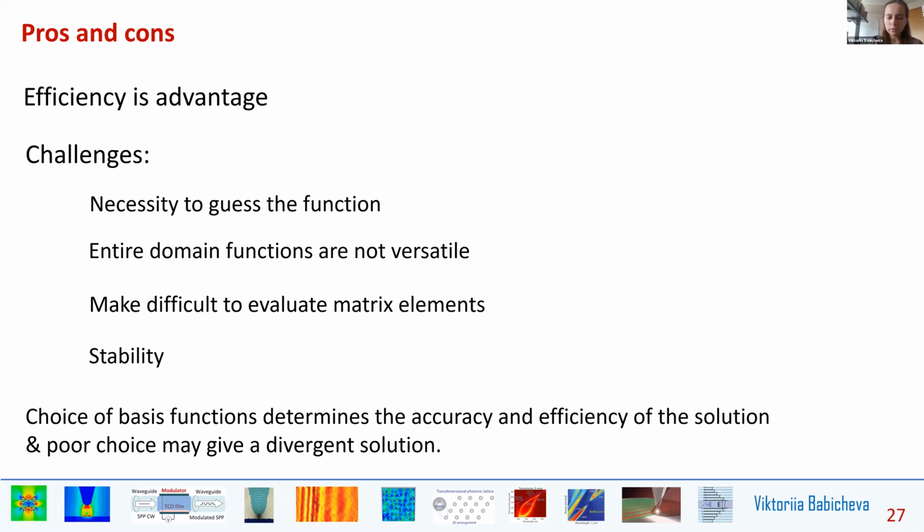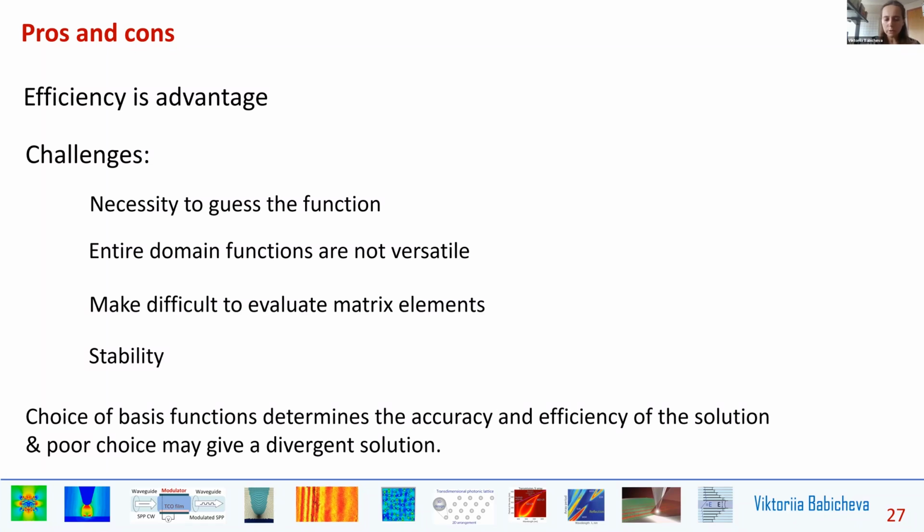So there are infinitely many possible sets of basis functions for a given problem. And some sets of basis functions may provide faster convergence than others, and they give matrix elements that are easier to evaluate.